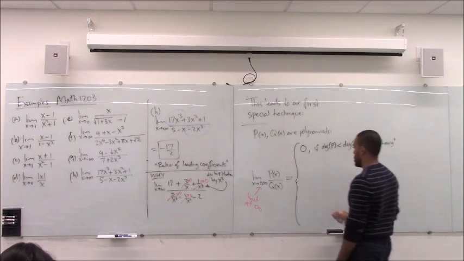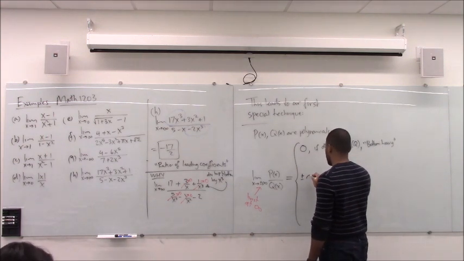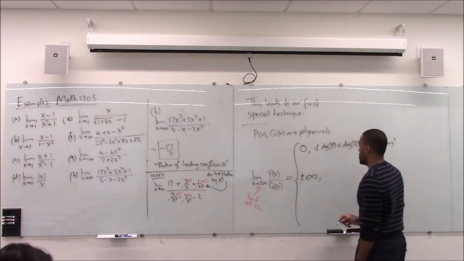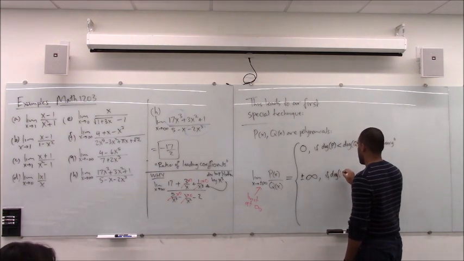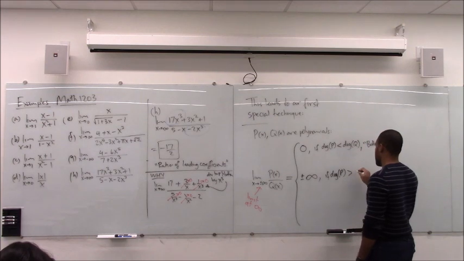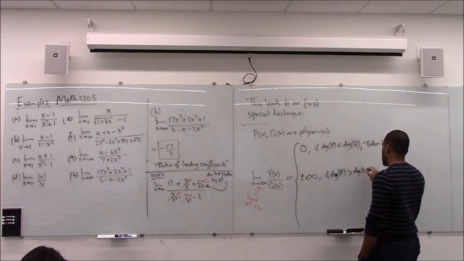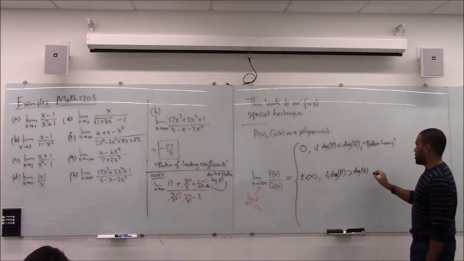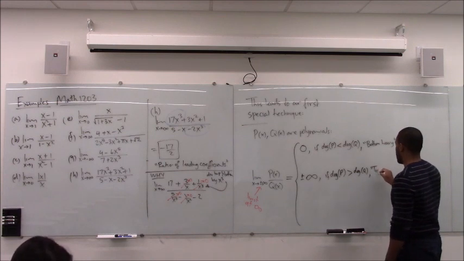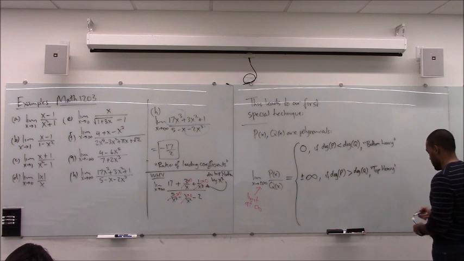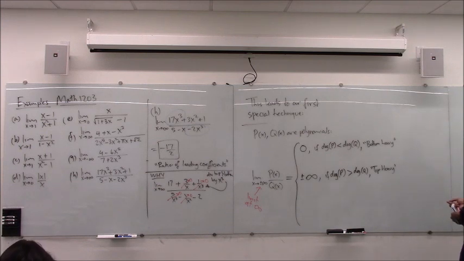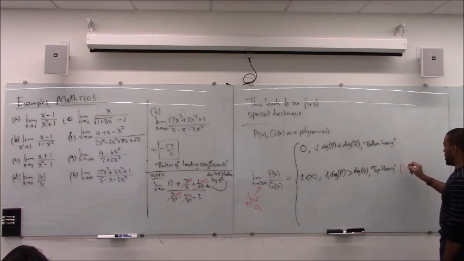Another possibility is that you will get plus or minus infinity as the answer. This occurs if the highest power in the top is larger than the highest power in the bottom. This is called top heavy. And this one has a little caveat here. Of course, you have to watch the signs.